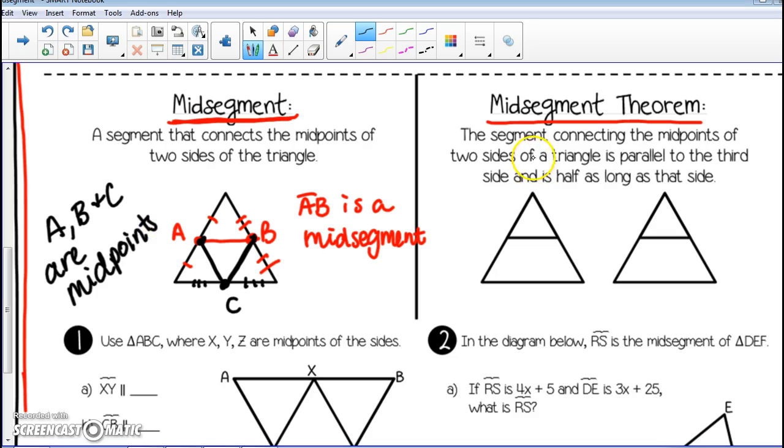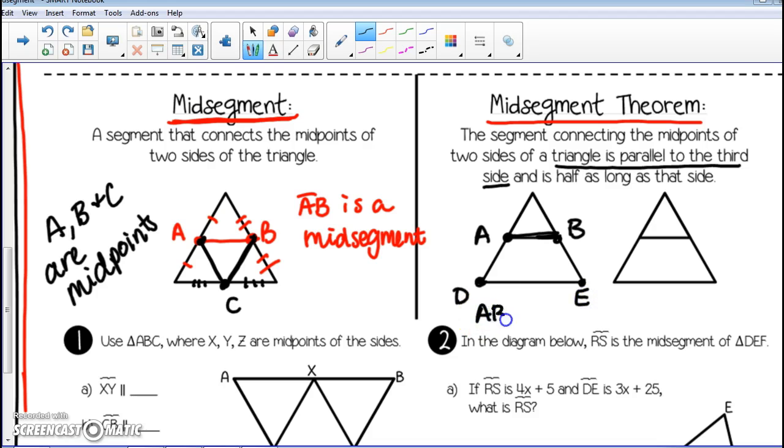So the theorem says that the segment connecting the midpoints of two sides of a triangle is parallel to the third side. So this is our midsegment here. The first part of this theorem, parallel to the third side, says that when you make the midsegment, this side, we'll call AB, is parallel to this side, which we'll call DE.